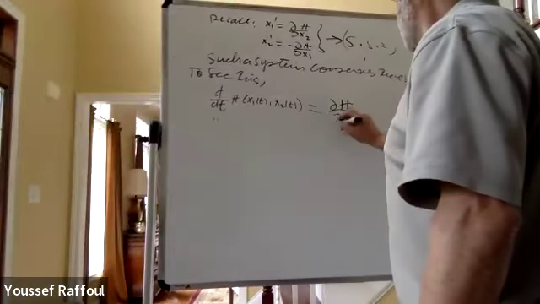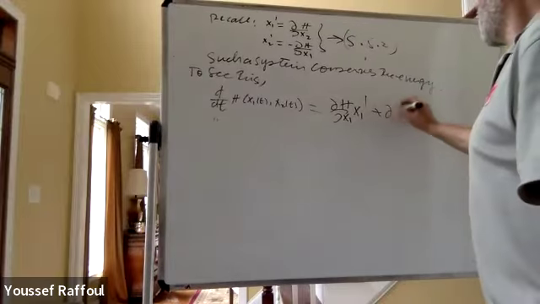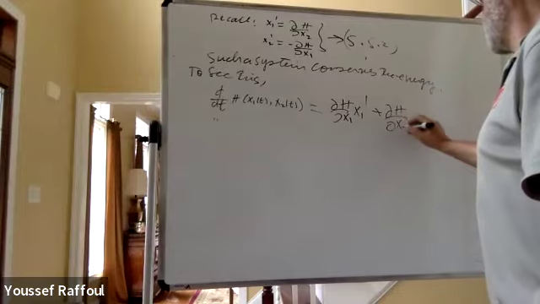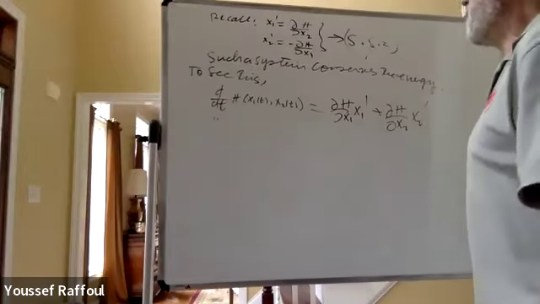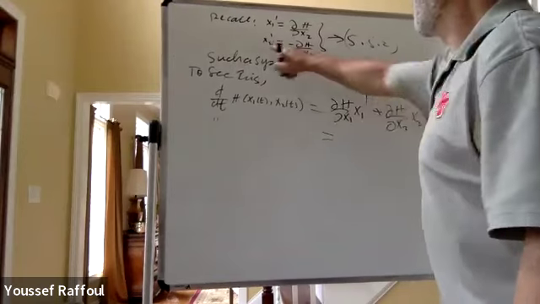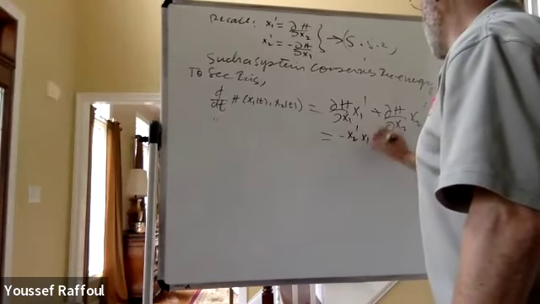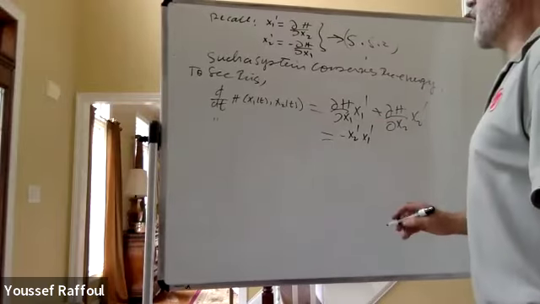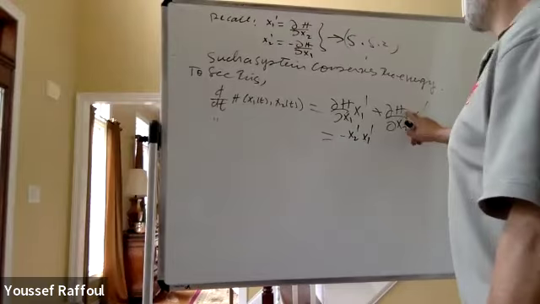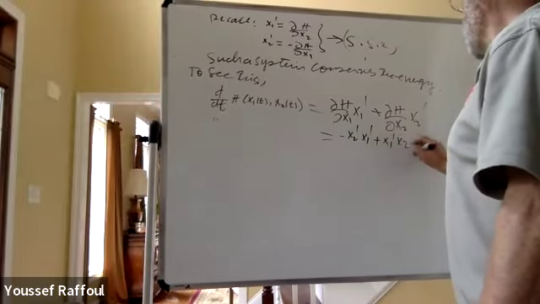That is del h over del x1 times x1 prime plus del h over del x2 times x2 prime.